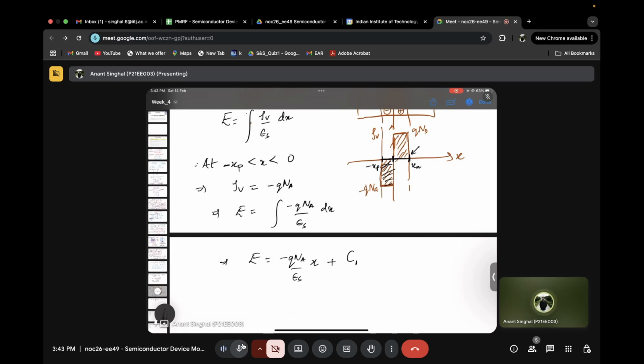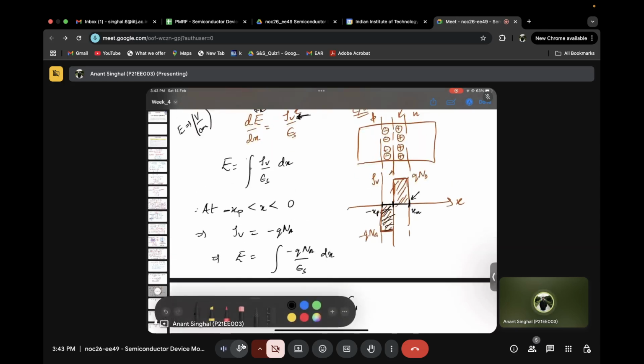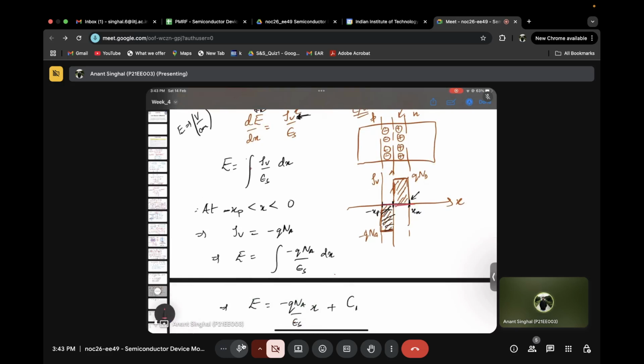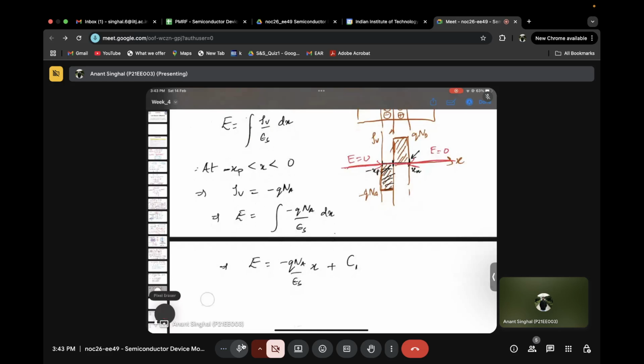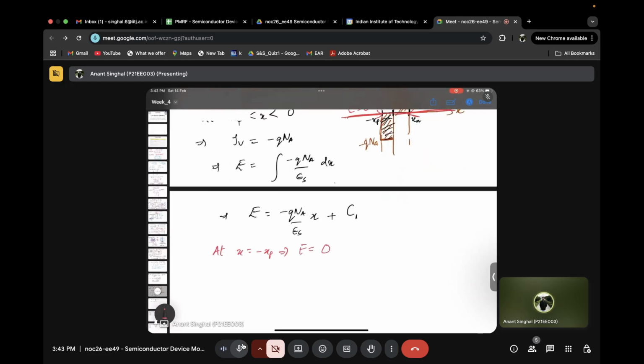Now the main thing that I said previously was that the electric field is only present at the junction. So it would be zero outside of these two regions, right? Here E is zero, and here E is zero. So at x equals minus xp, the electric field is zero, which lets us calculate the constant.